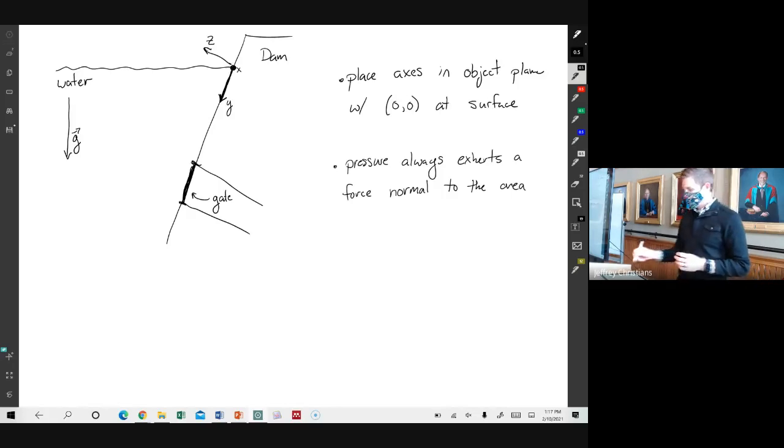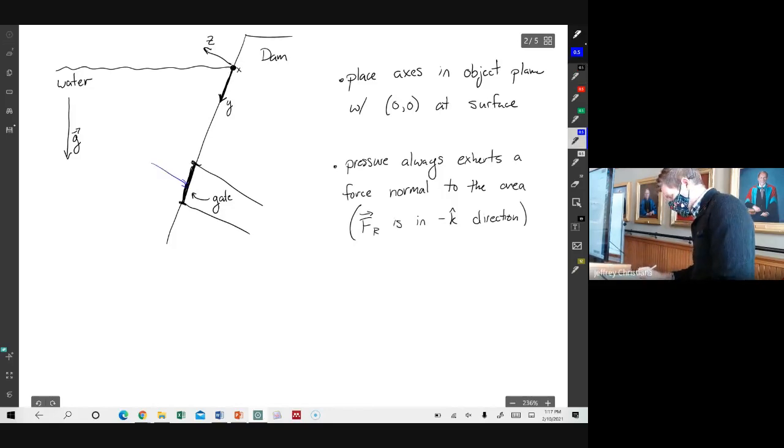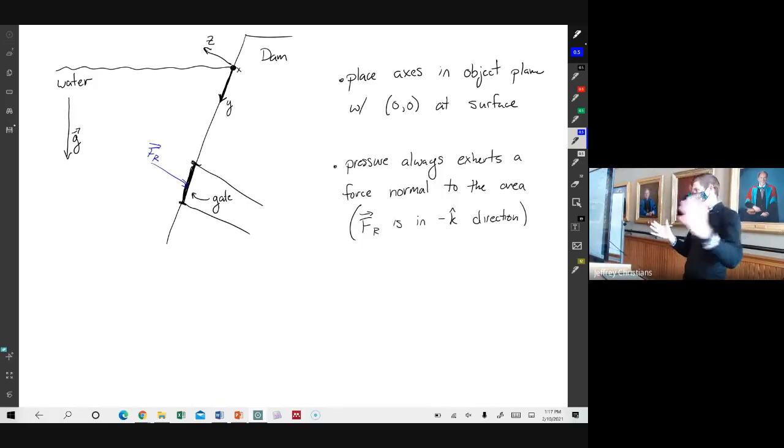So the direction of the force, as we've drawn it, this would be that FR is in, I guess, minus K hat direction. Right, so FR is pointing into the gate. It's pushing in on the gate.